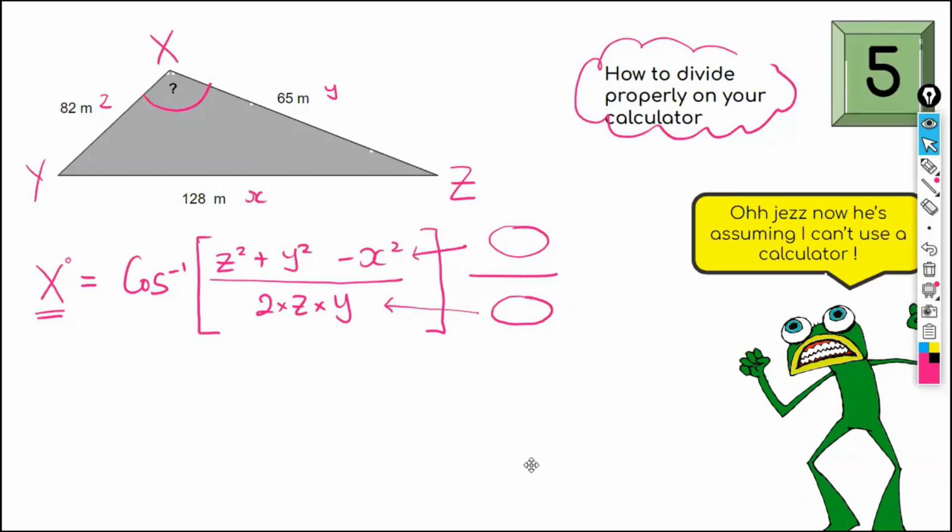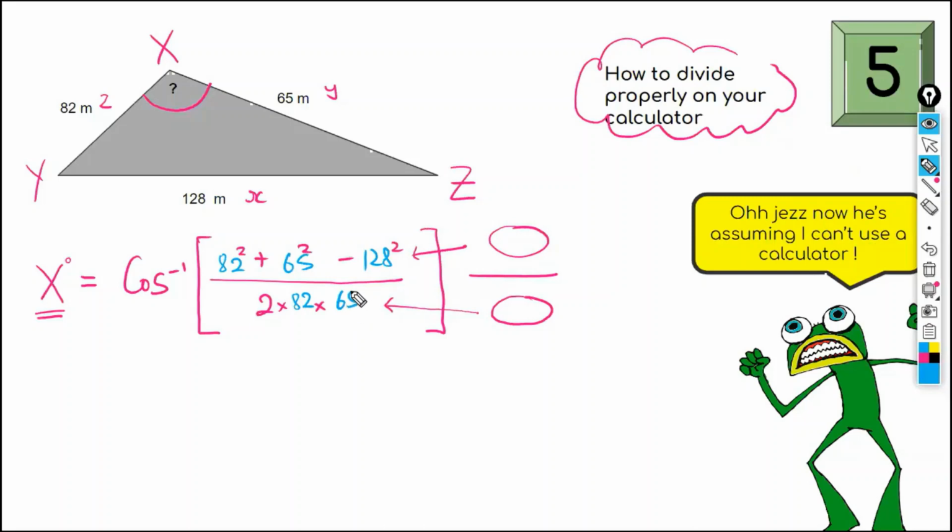Pretend you only have 1 shot to get the correct answer. I'm just going to substitute in some of the values here. So it's z, so you have 82, 65, and 128.